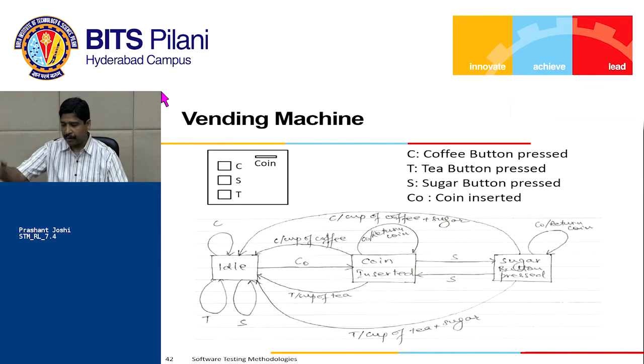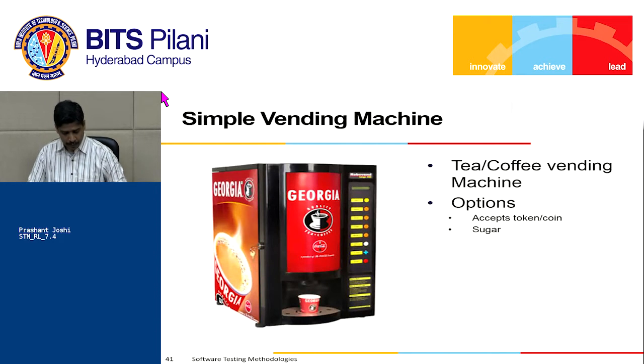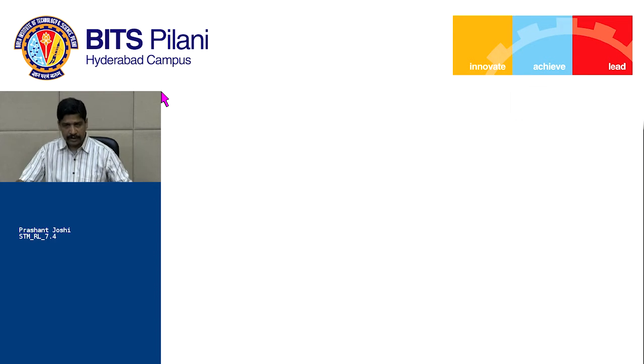We came up with three states: idle, coin inserted, sugar button pressed. And as we do our work, we are going to develop a graph. We have three nodes. Let us call the nodes A, B, and C.